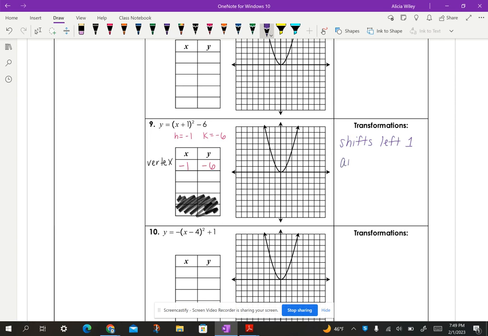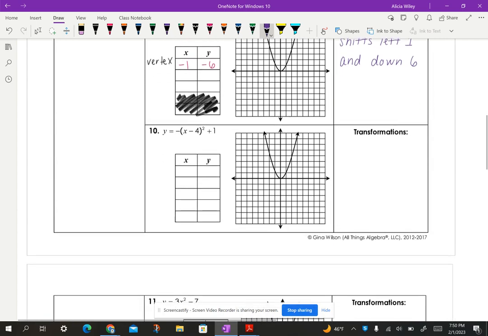So it's going to shift left 1 and down 6. So describing what's happening from this graph to this graph here, shifting left 1, down 6. So I know that my vertex is going to be down here, and the width of my parabola is going to be exactly like the parent function. And it's not reflected because a is positive.